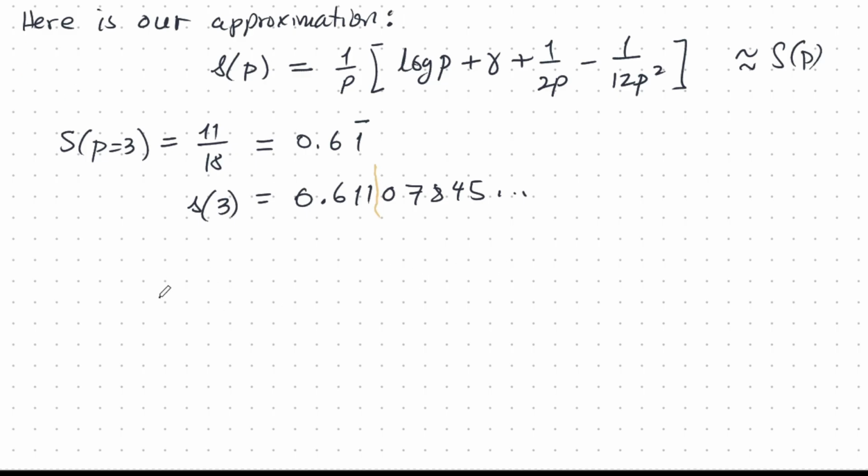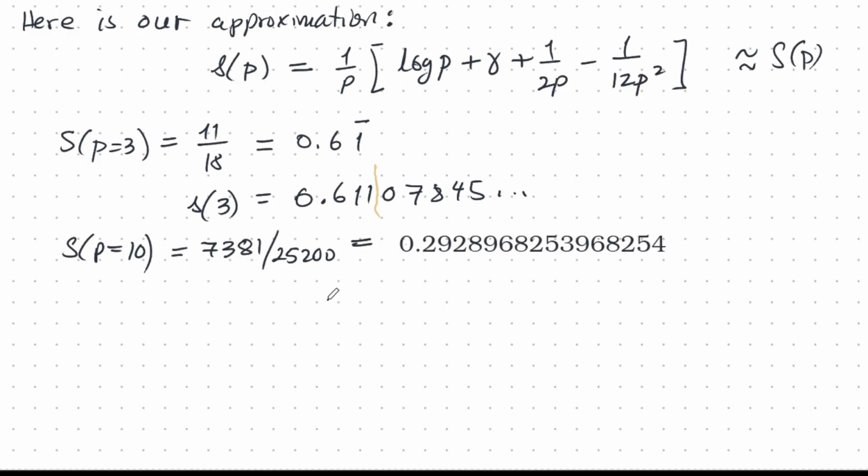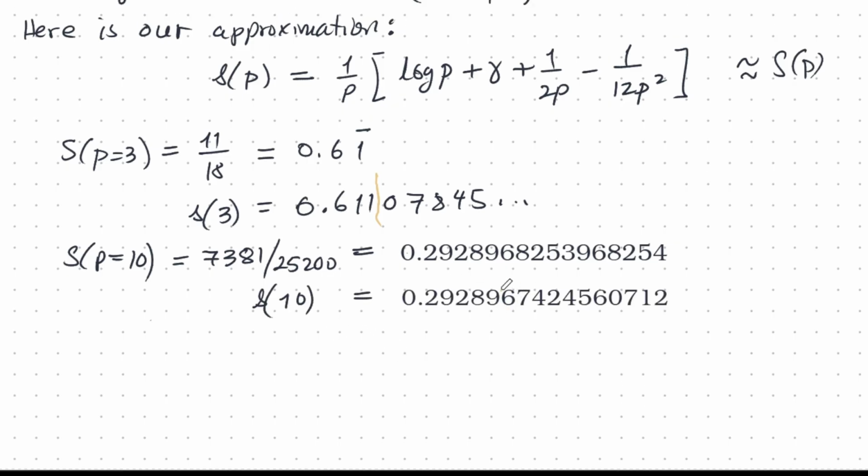Let's try some more. Oh, P is 10. That's 7,381 over 25,200. We've seen that one before. That's equal to this. Okay, so let's try little s of 10. Little s of 10 gives us this. All right, so we see we got quite a few digits there. So this is good. Very nice approximation.